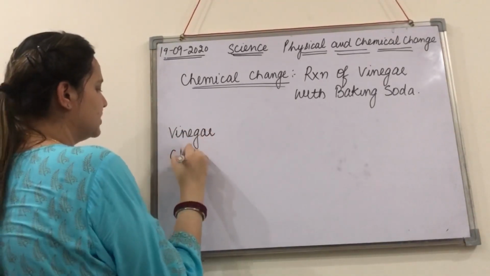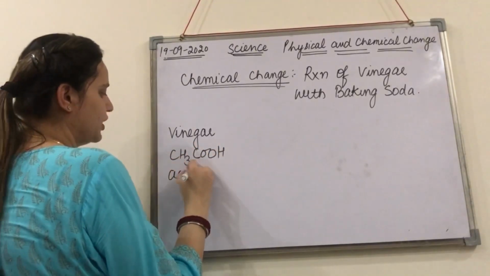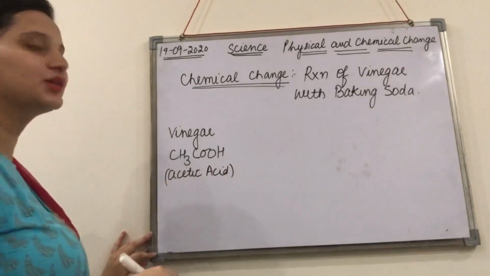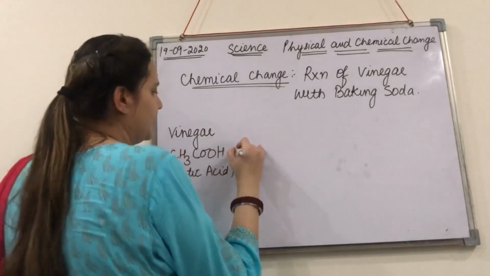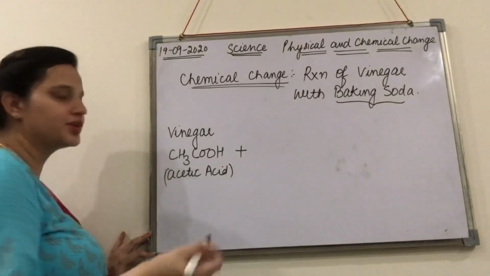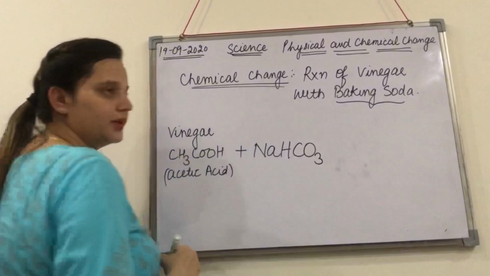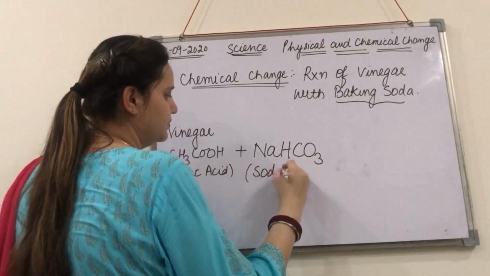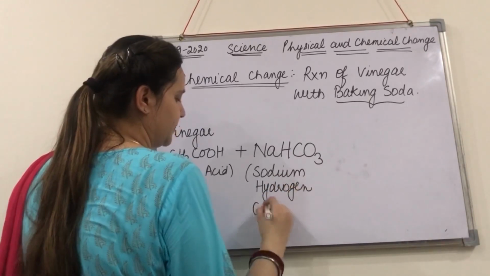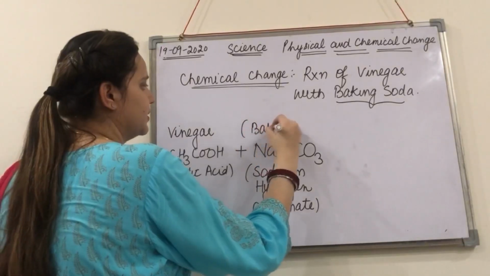Vinegar is basically acetic acid, CH3COOH, that we also use at our homes, which we call sirka, plus baking soda, right? This we also use at our homes. This is NaHCO3 and its name is sodium hydrogen carbonate. So this is baking soda.